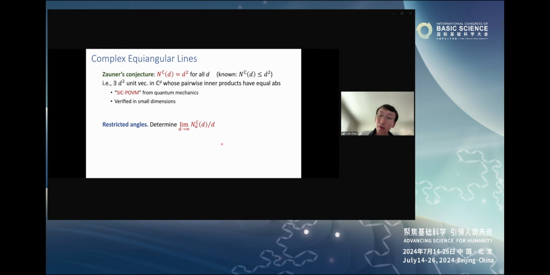What I've talked about in this talk, you can naturally ask what happens for restricted angles. You fix an alpha, and then what happens in high dimensions? Almost nothing is known here, except a recent paper of Balla showing that the rate of growth is indeed at most linear, but the actual linear rate of growth is wide open.